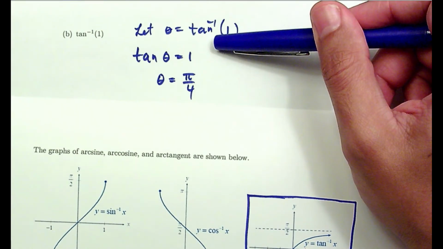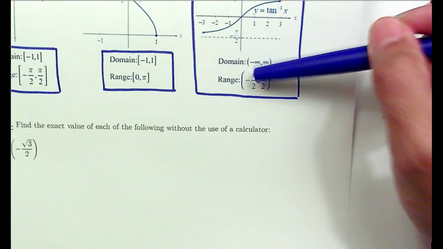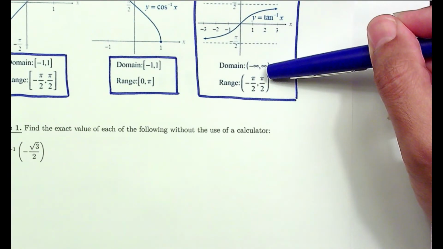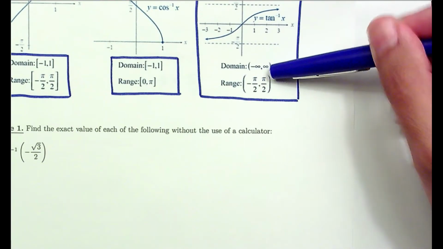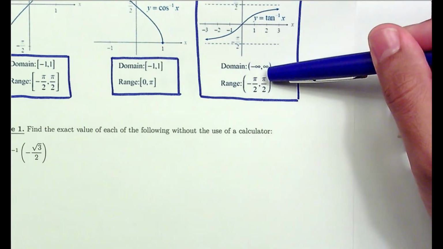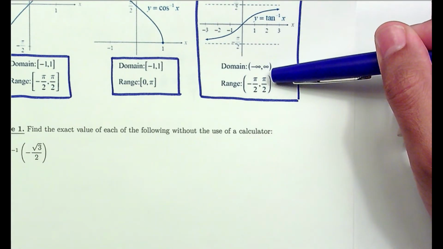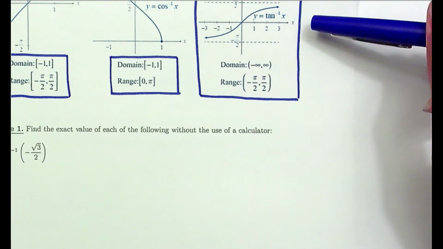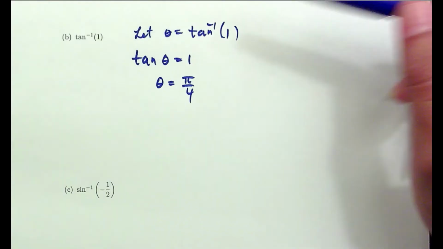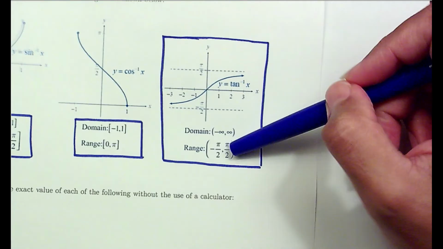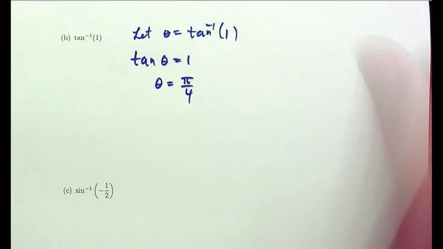Tangent inverse only spits out angles between negative pi over 2 and pi over 2. So you have to ask yourself, is the angle that I wrote down between negative pi over 2 and pi over 2? If it is, then okay, that's the correct answer. If it is not, then you have to change it. Find another one that is between negative pi over 2 and pi over 2 and satisfies the equation.